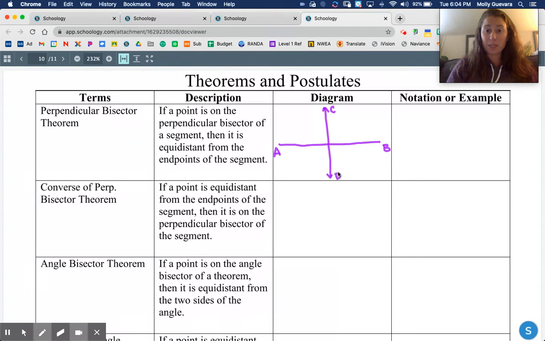What makes it a perpendicular bisector? One, these two lines are perpendicular. They cross at 90 degrees. The other thing is it bisects this line AB, meaning it cuts AB directly in half.